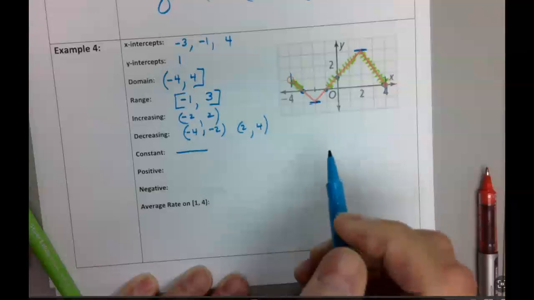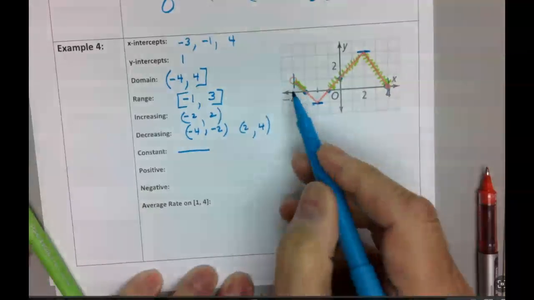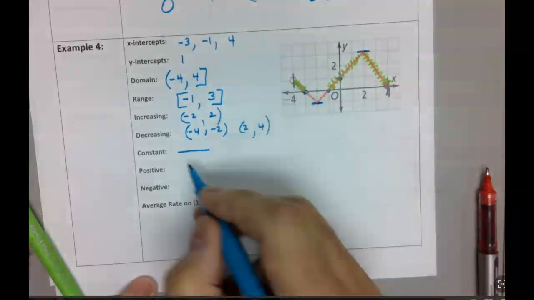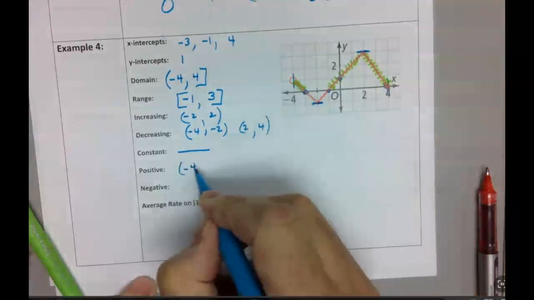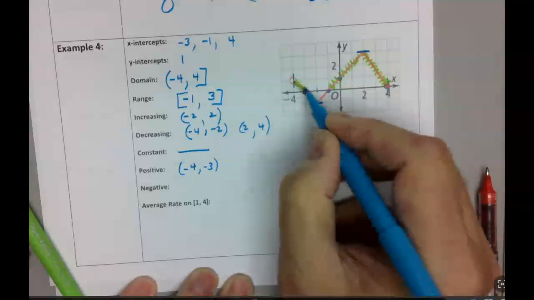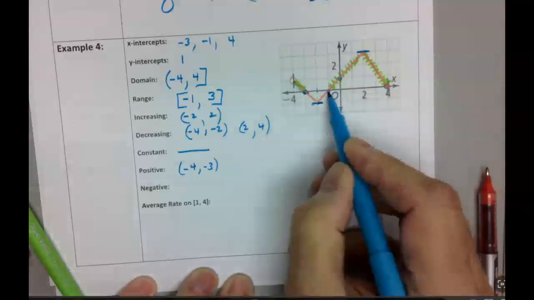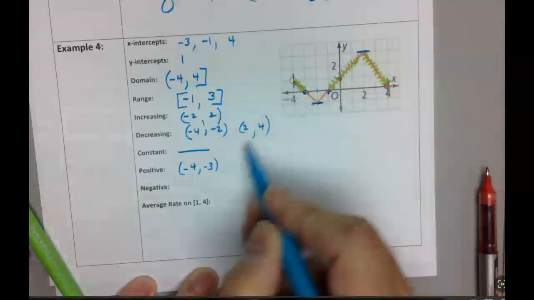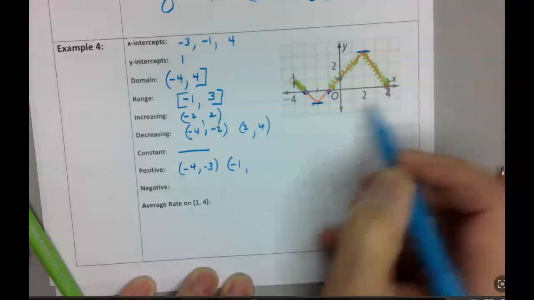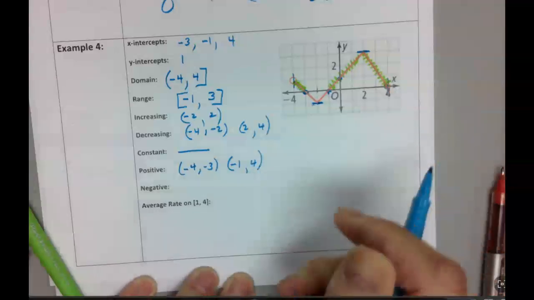Negative 4, correct? To negative 3, not included. Correct? From here, which is an open circle, to there. Then it's positive from negative 1 all the way over here to 4, not included.